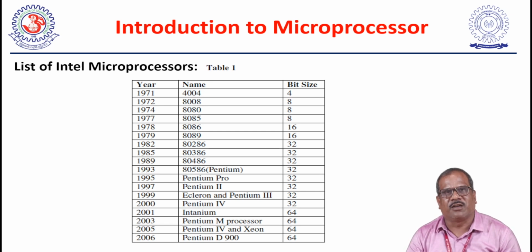In the initial version there was the lower 4-bit processor, then the 8-bit, 16-bit, 32-bit, and then 64-bit processor. Like this, the microprocessor versions are upgraded. When the processor bit size increases, the processing speed automatically improves.